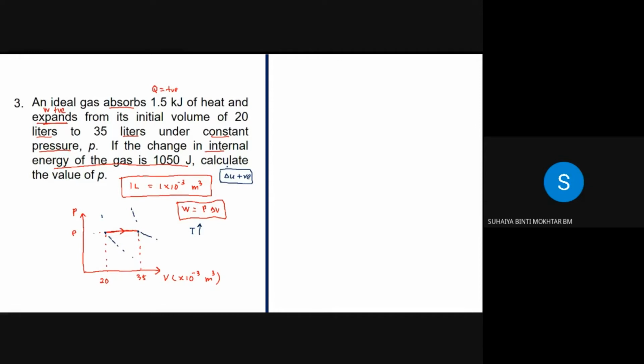Volume increases, temperature increases, because V is directly proportional to T.